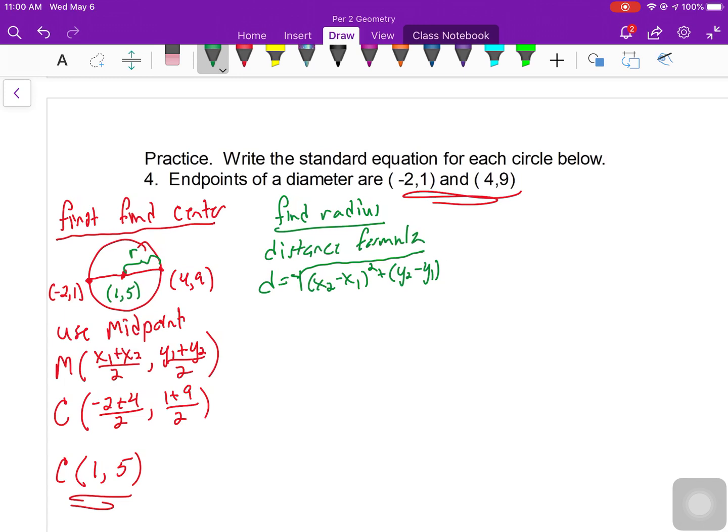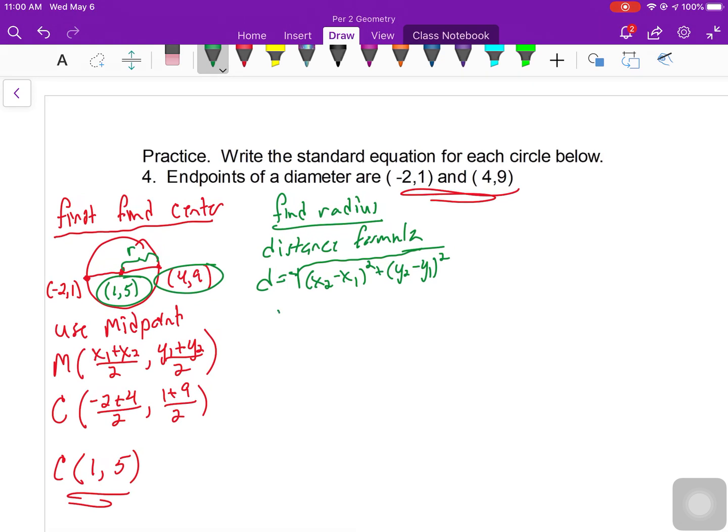The square root of x2 minus x1 squared plus y2 minus y1 squared. And we're going to be using the center point and one of the endpoints. So we're going from the center at 1, 5 to one of the endpoints, 4, 9.